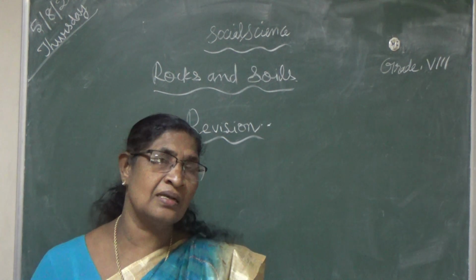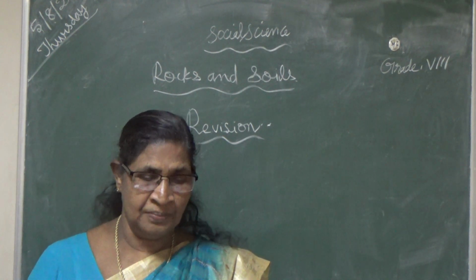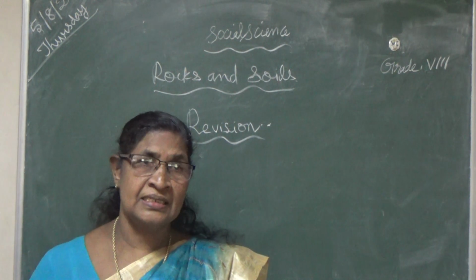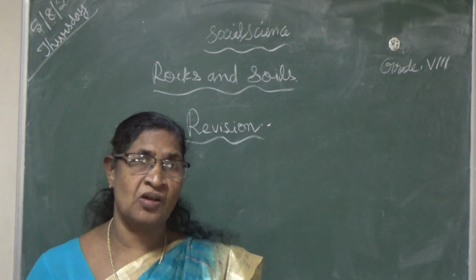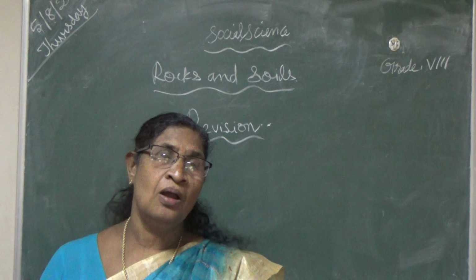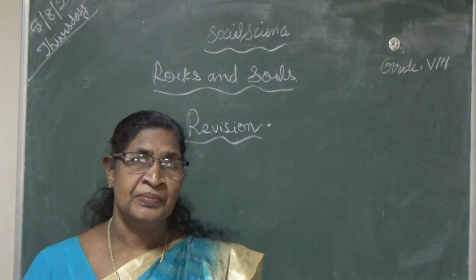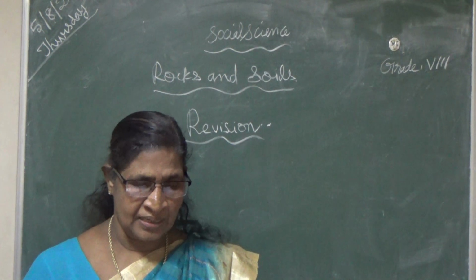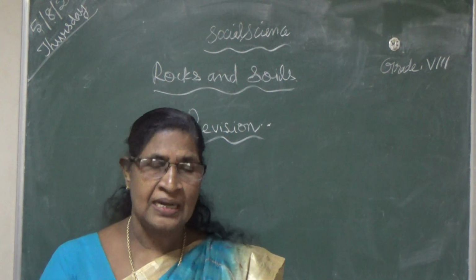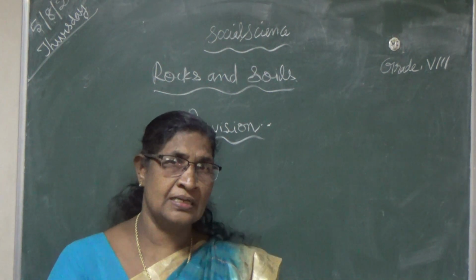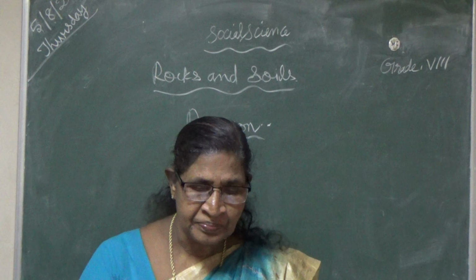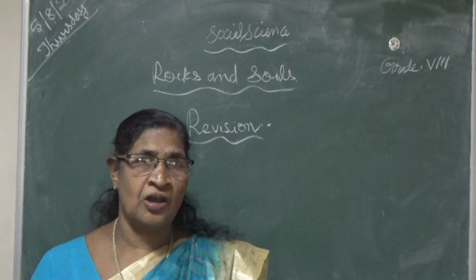The soils are classified into alluvial soils, black soils, laterite soils, mountain soils, desert soil and red soil. What are the types of soils?